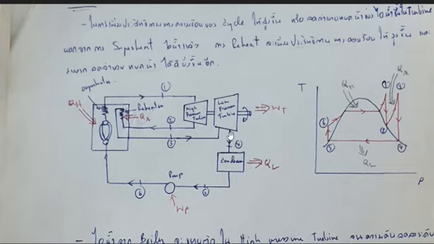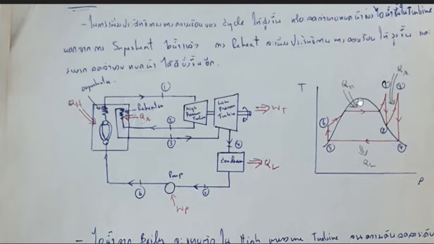The steam will leave the second turbine at this point 4 at the saturated vapor line, and then it will go through the condenser, and the heat will be dissipated, and the vapor will be converted to liquid form again.